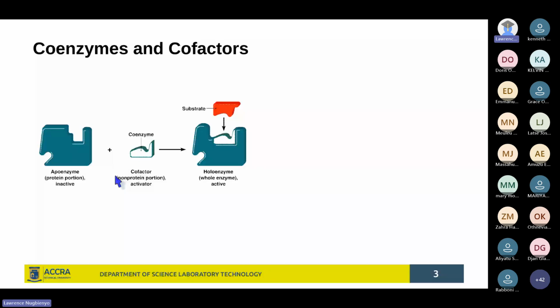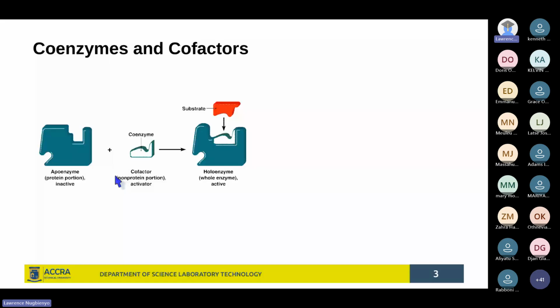And coenzymes and cofactors are involved in these two structures, the tertiary and the quaternary. If those metal ions, which are the cofactors, or those organic compounds, which are coenzymes, around which you find the protein folding into a specific form to have a function, are not there, then the protein loses its functional structure.